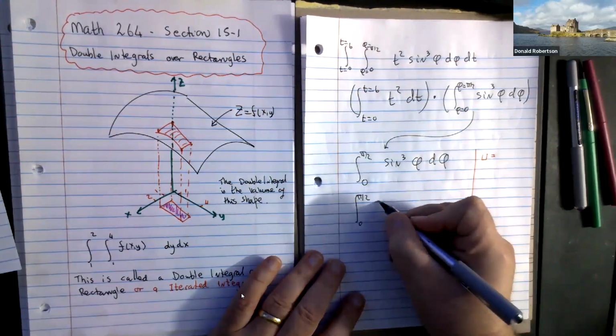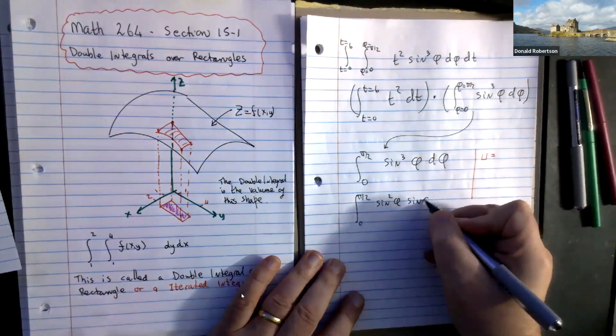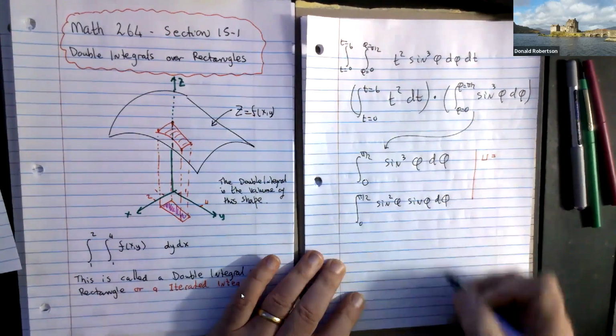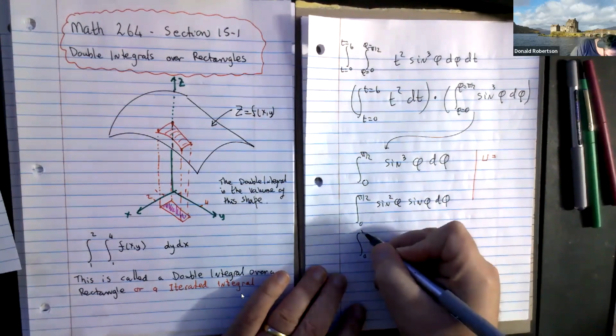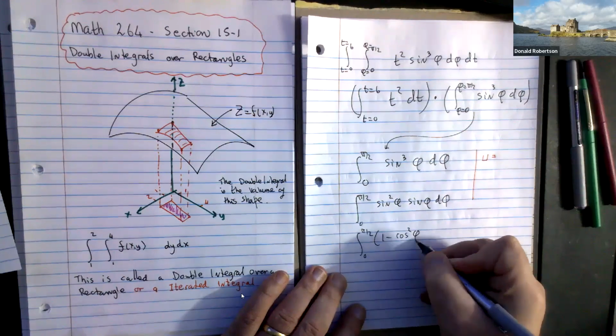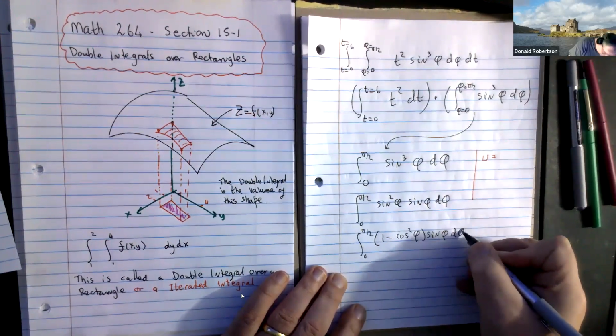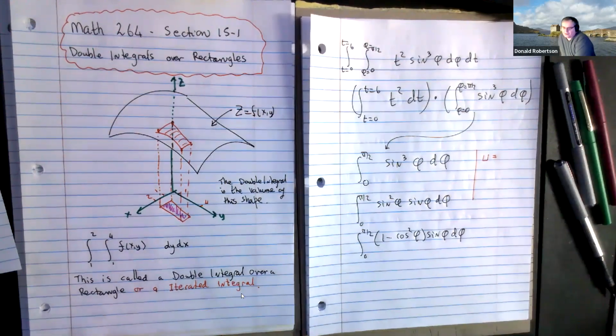I'm not going to call that guy sine cubed anymore. I'm going to split that guy. And I'm not going to leave it as a sine squared anymore. Okay, let me ask you the question again. What is the U sub now?